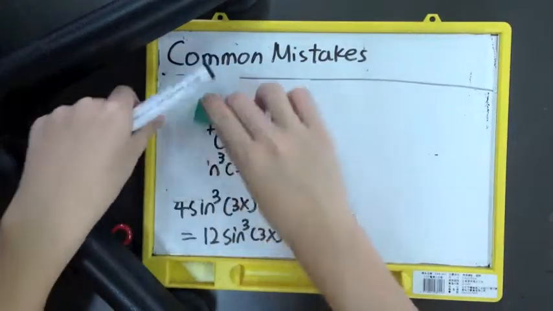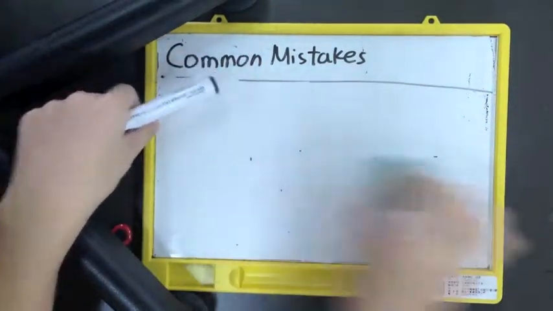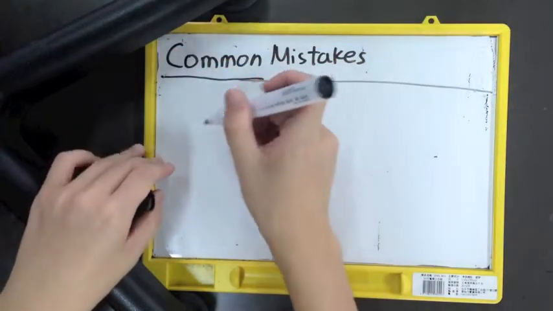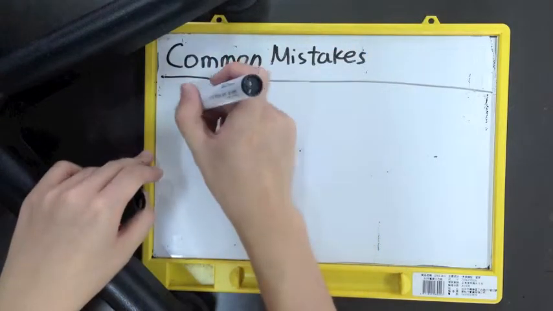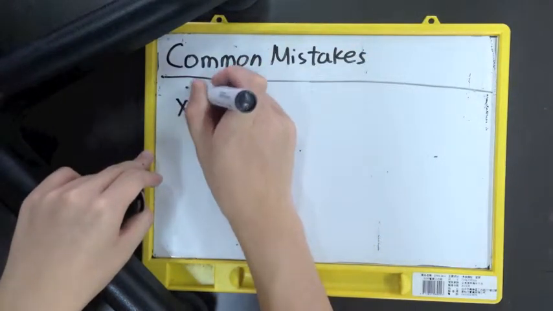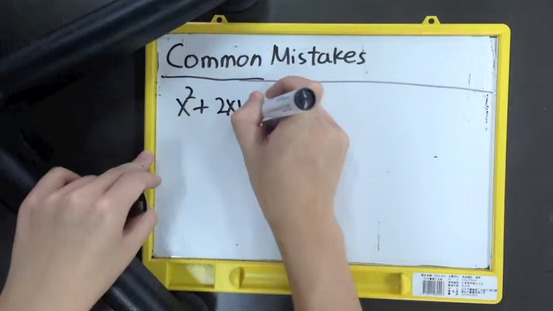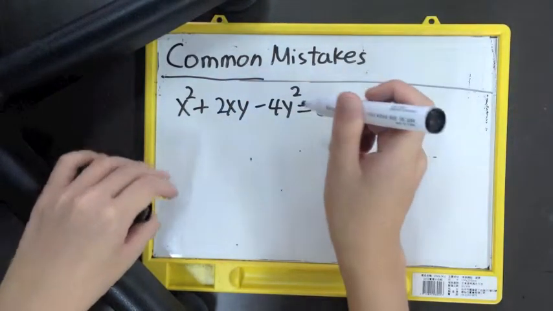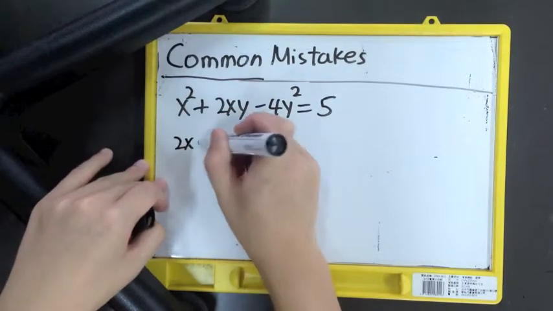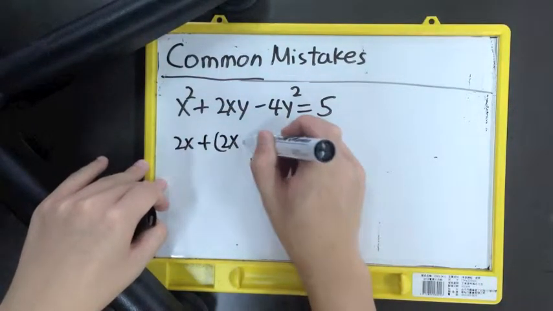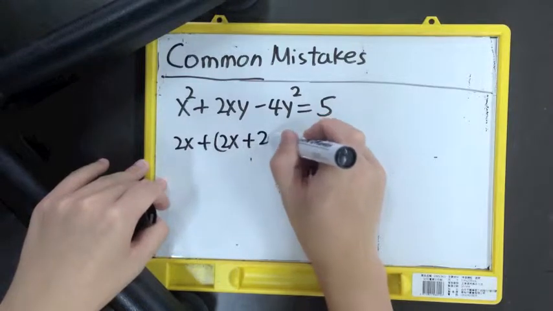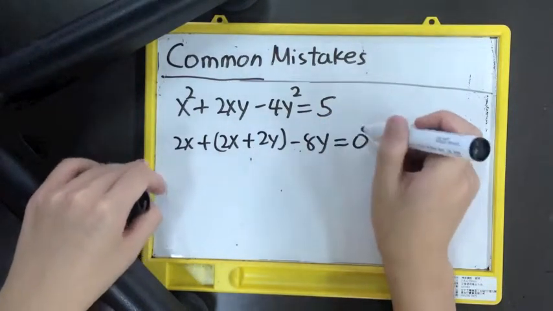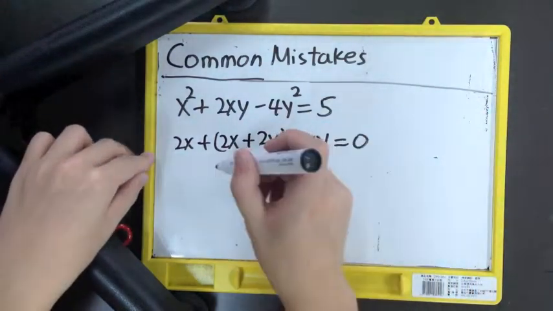And the common mistake for implicit differentiation is that people tend to forget to multiply by dy over dx in the right places. For example, when doing a question like x squared plus 2xy minus 4y squared equals 5, people tend to write 2x plus 2x plus 2y minus 8y equals 0 and forget dy over dx.